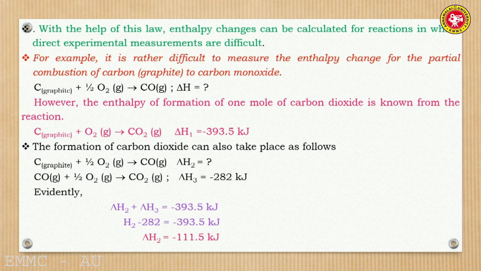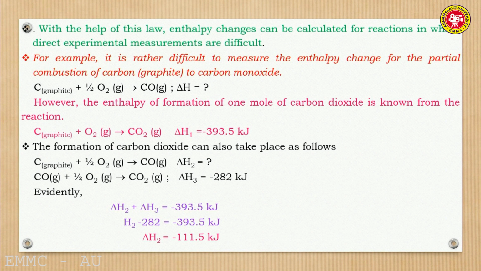Considering carbon in graphite form, carbon with half a mole of oxygen gives rise to carbon monoxide, and here we are going to calculate the delta H value. However, the enthalpy of formation of 1 mole of carbon dioxide is known from the reaction of carbon with oxygen to give carbon dioxide. Here the delta H1 value is minus 393.5 kilojoule.